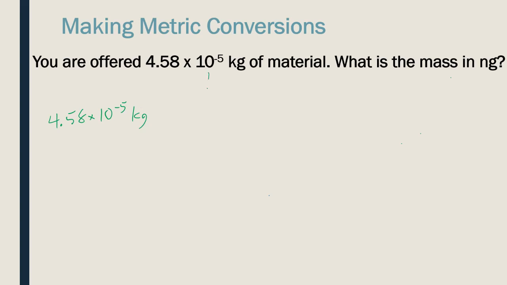Our equivalents are that 1 kilogram equals 1,000 grams. So we're going to have to hold on to that information. There's one of our dominoes. And then our other domino is that 1 gram is equal to 10 to the 9th nanograms. So that's our other domino.